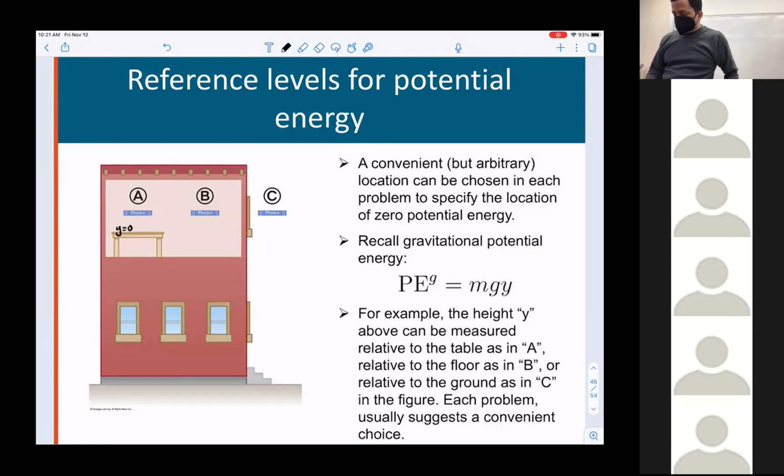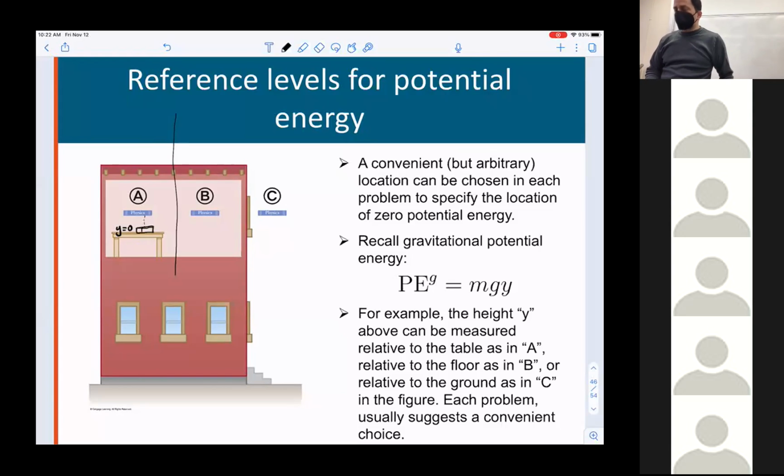I mean, I'm thinking of these as three different situations, but let's imagine that we're looking at this situation A. So my y equaling 0 is the table. So let's say that a little bit later, maybe the book falls, and it comes in and hits the table right here. Then if I ask you, well, what is the change in its potential energy?